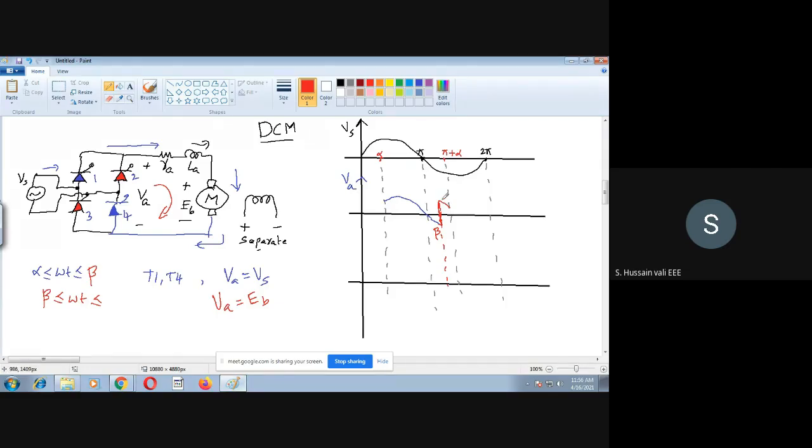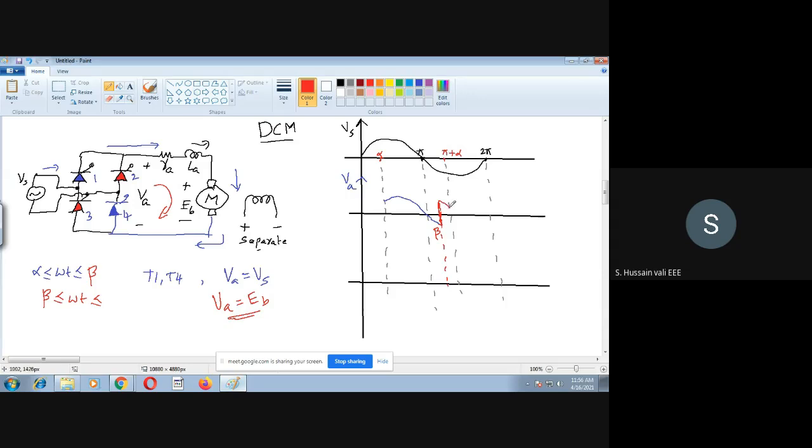The speed of the motor decreases because the current in the motor has become 0, so the speed slowly decreases, just like when you turn off a fan, its speed slowly decreases. So the back EMF in the motor also decreases. Since the output voltage VA is the same as the back EMF, VA also decreases.